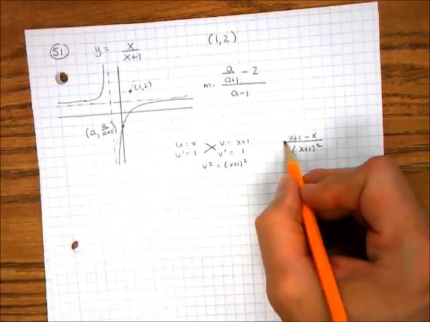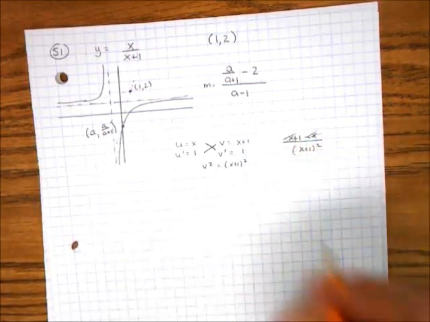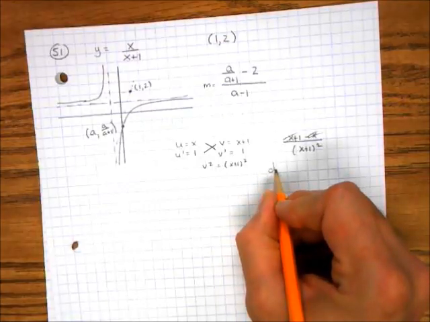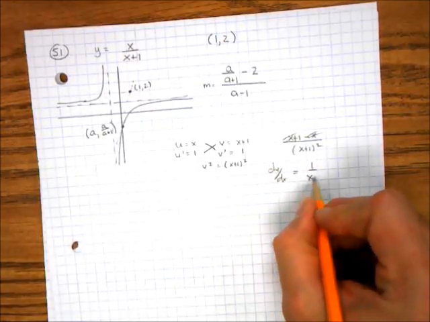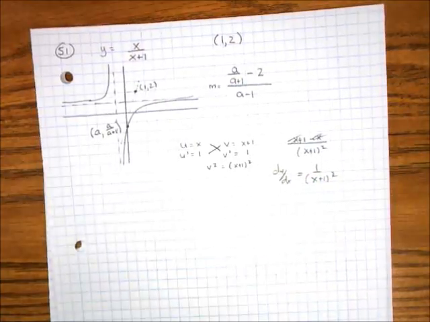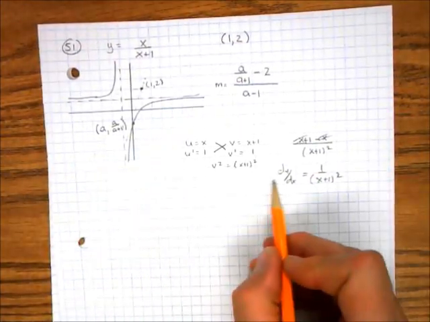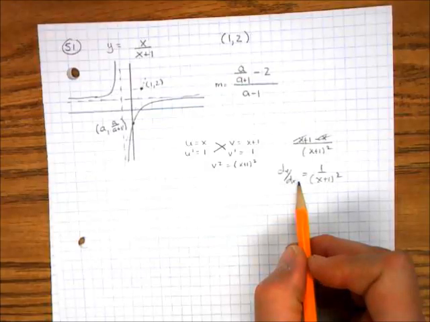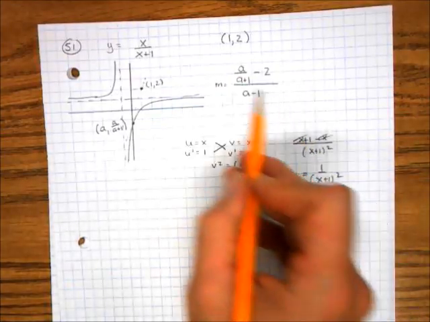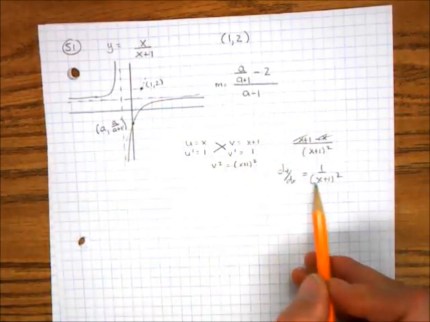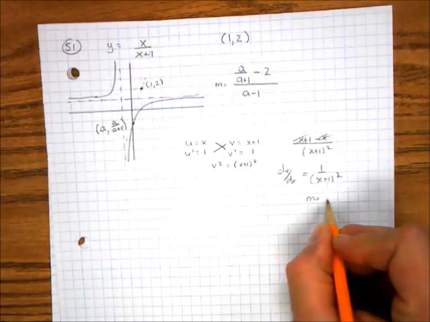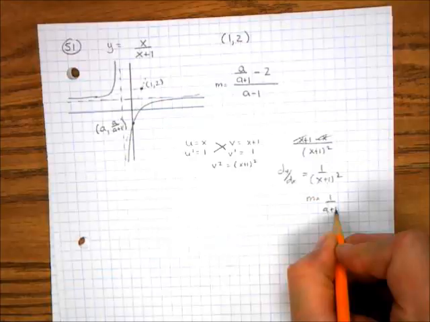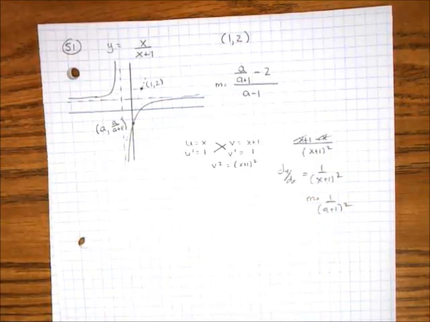The x's cancel, and my derivative, dy dx, is equal to 1 over x plus 1 squared. Okay, the derivative is waiting for an input. Where do we want the derivative? We want it right here at a. So at a, my slope here is 1 over a plus 1 squared.